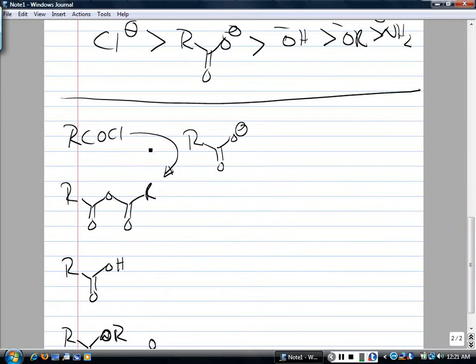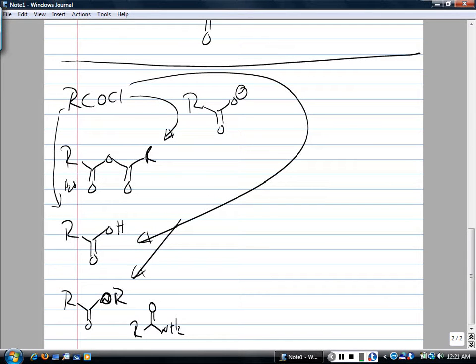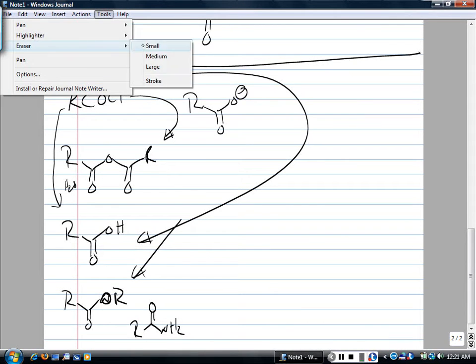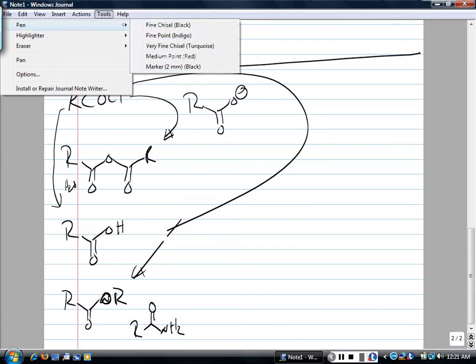If I treat the acid halide with water, water becomes my nucleophile and my product becomes the carboxylic acid. If I treat the acid halide with an alcohol, then I will end up with the ester as my product.